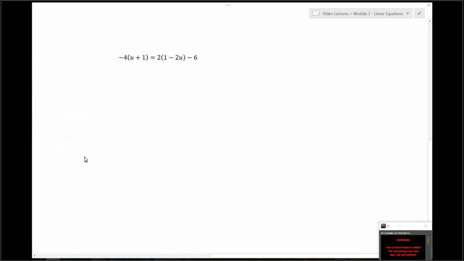Which means the opposite will also be a case. If, while I'm solving it, let's see, 2 and negative 6 is negative 4.